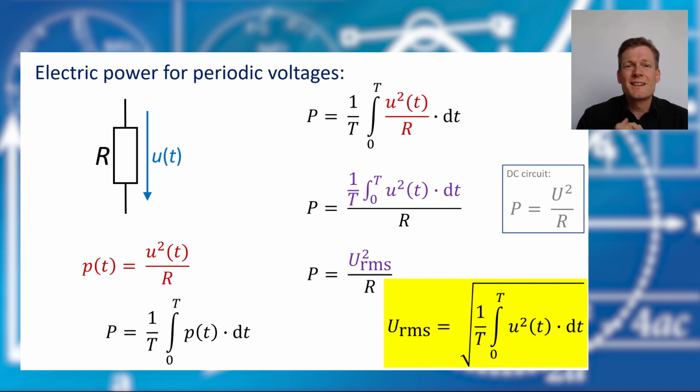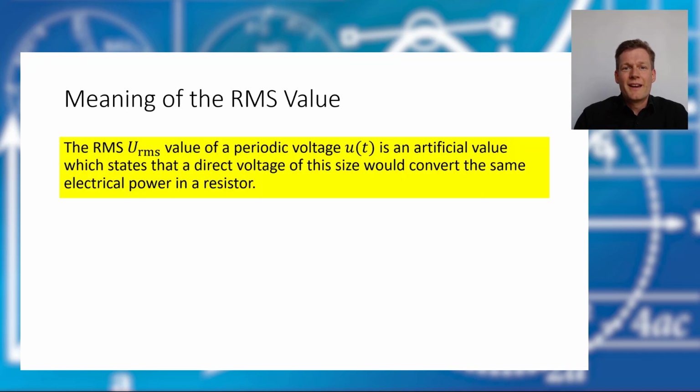And this is the reason why we call this value the RMS value. RMS stands for root mean square. So we take the root of the mean value of the square of our voltage. Okay, to say it again, why do we have the RMS value?